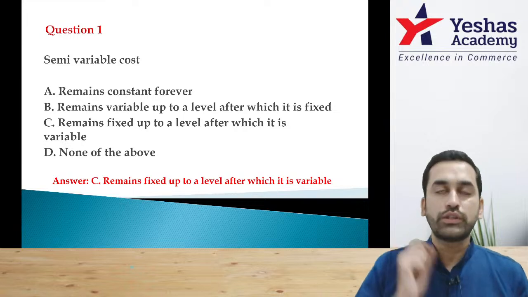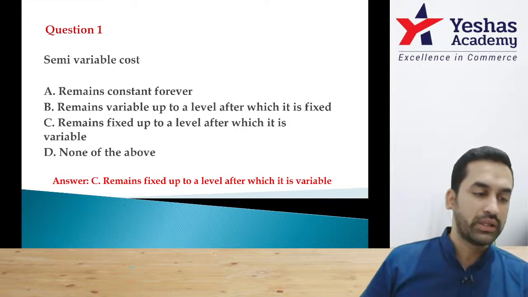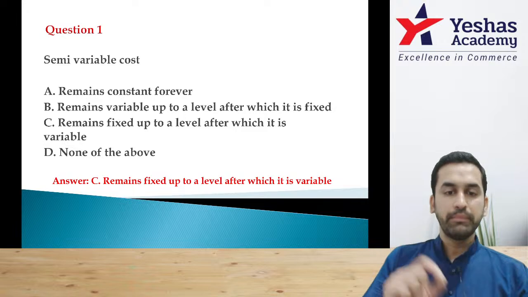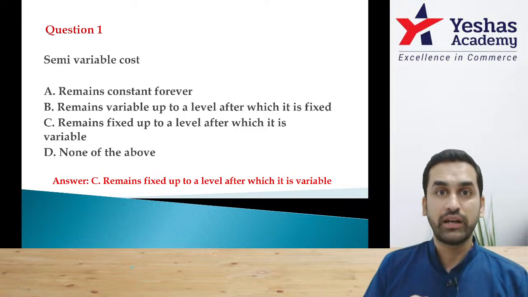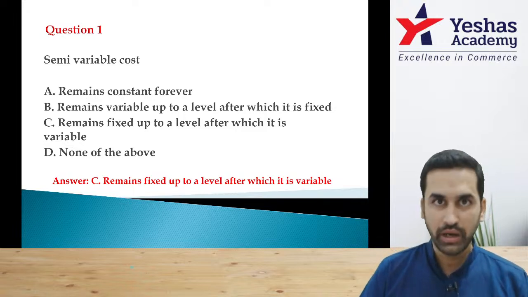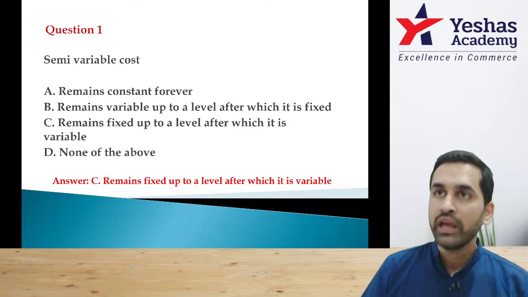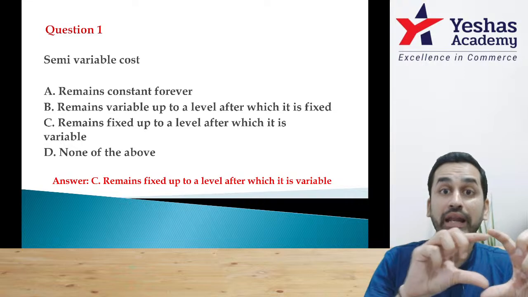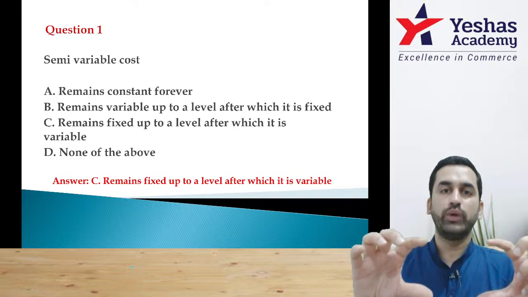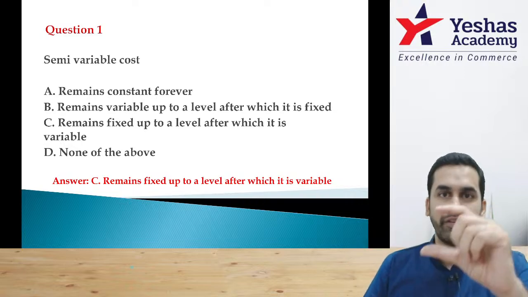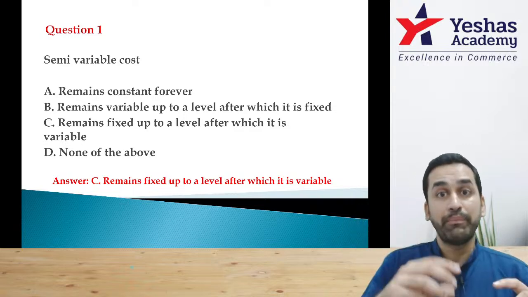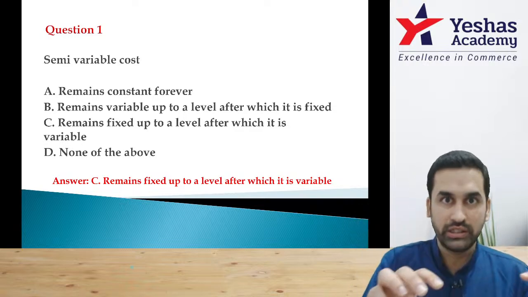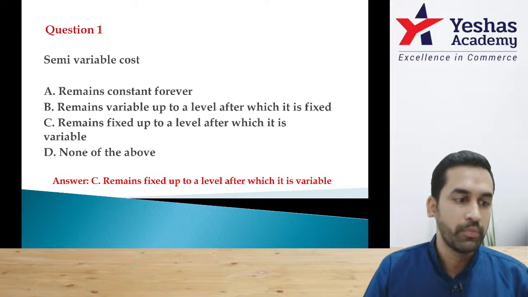Just to clarify one confusion some students have, semi-variable cost and step-ladder cost are not one and the same. I hope you're understanding what I'm saying. Step-ladder cost is a cost that remains fixed for a level. 0 to 50 units, I pay 10,000. 51 to 100 units, I pay another 10,000, so it is the original 10,000 plus 10,000 more.